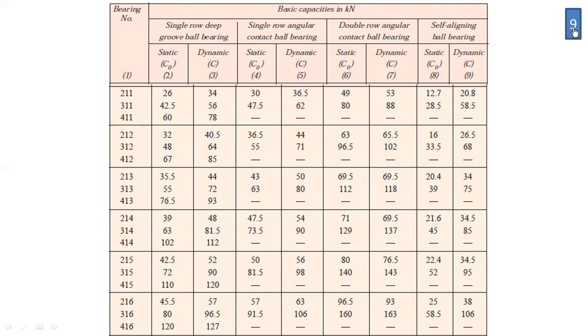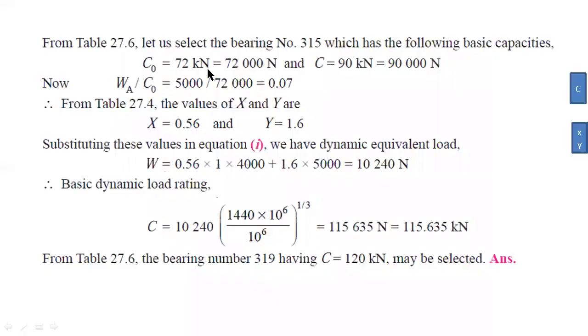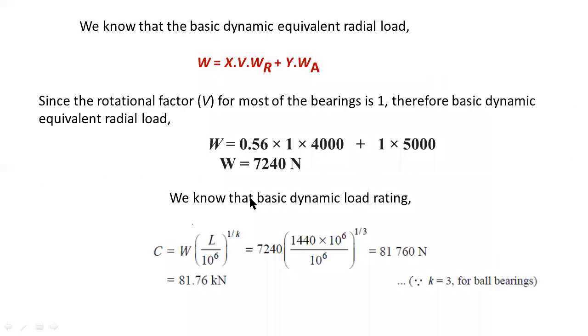Here capital C equals 81.76. So you have to select a bearing number by using this value, the nearest value for 81.76 kilonewtons.